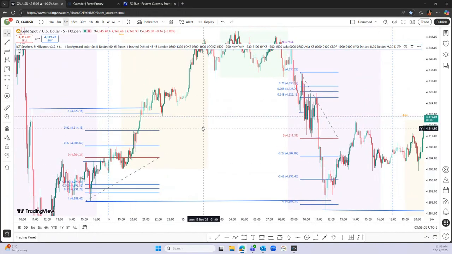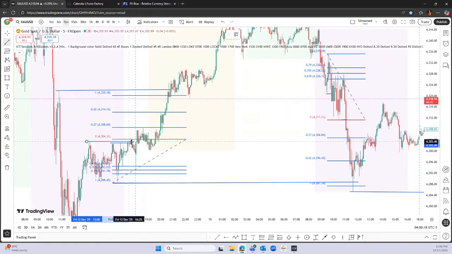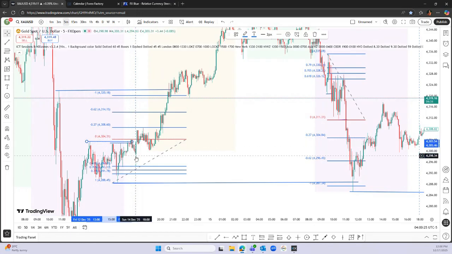So what is next now that we need to do? The other thing that we need to do here is now find the liquidity sweep before the retracement. That is very important. If you look at this particular point, all these were the liquidity sweeps before the retracement. As the price pushed up here, it has swept all these liquidities, and then after sweeping the liquidities, it retraced to the Fibonacci OTE level, optimal trade level.